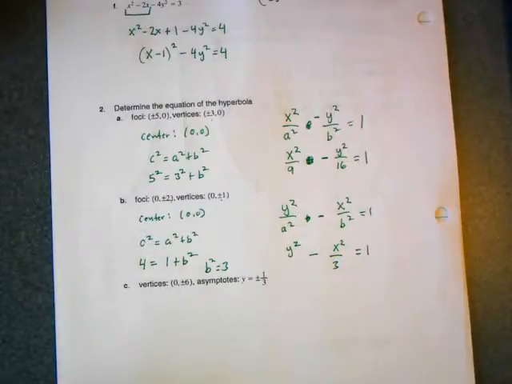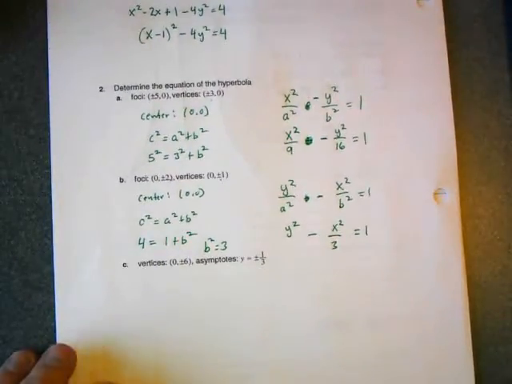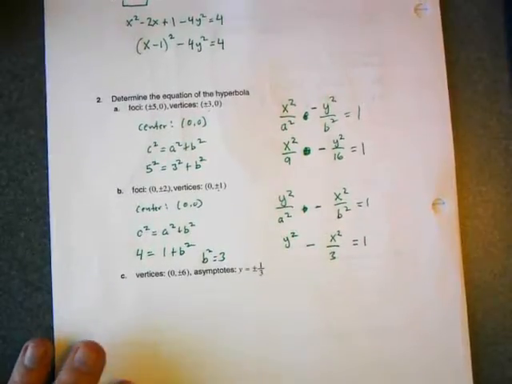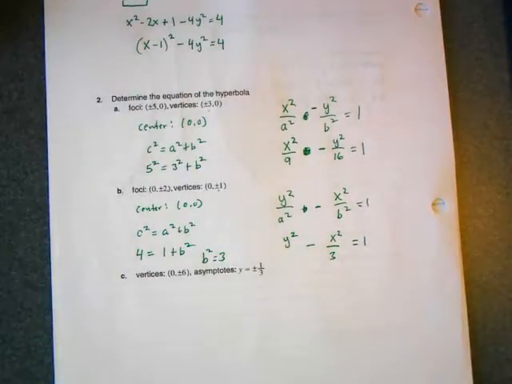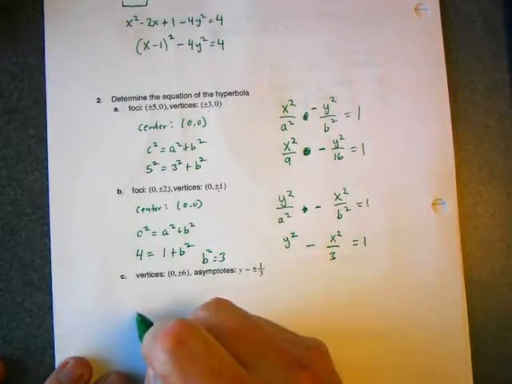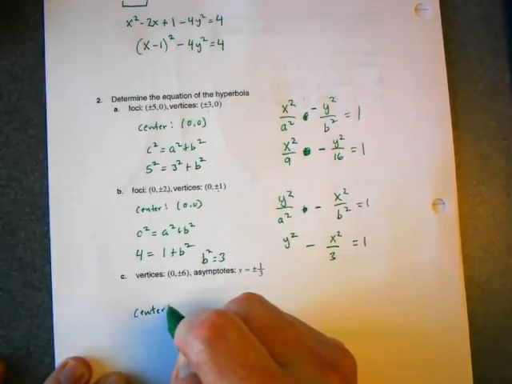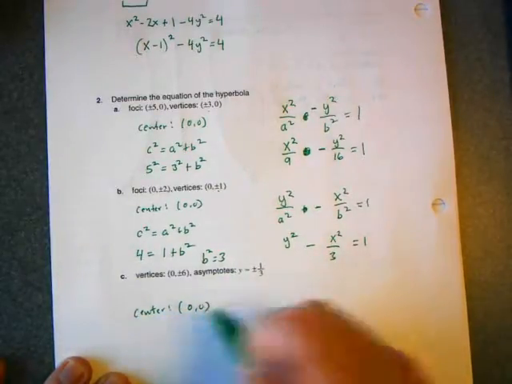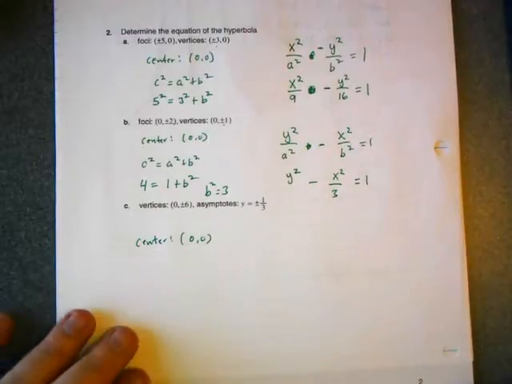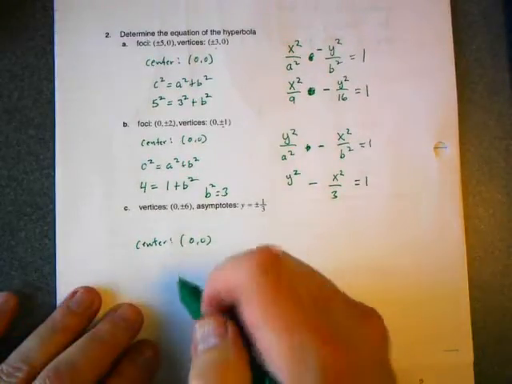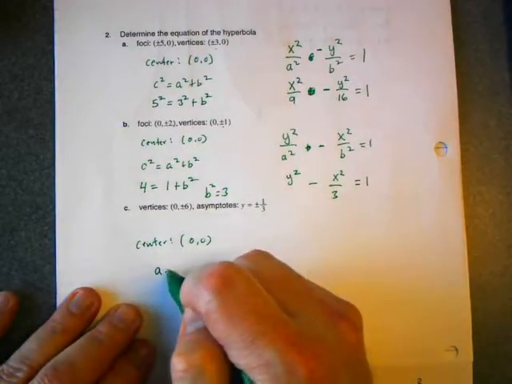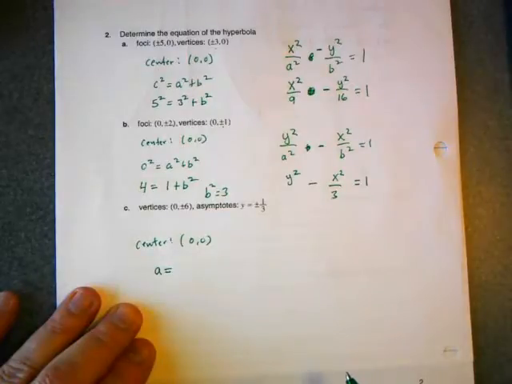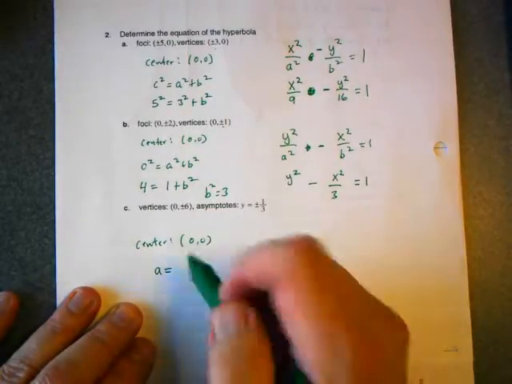All right, how about the last one? Center is still origin. I know the A number. What's the A number? 6.